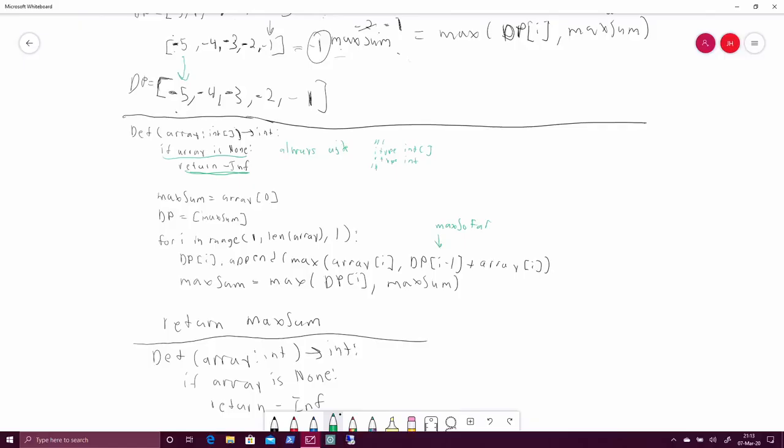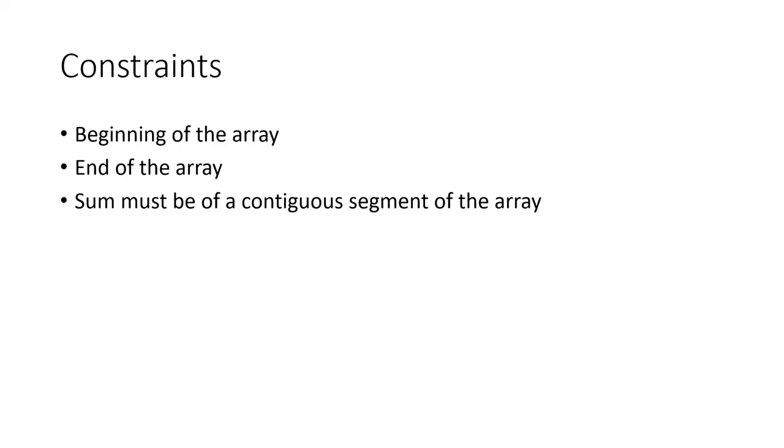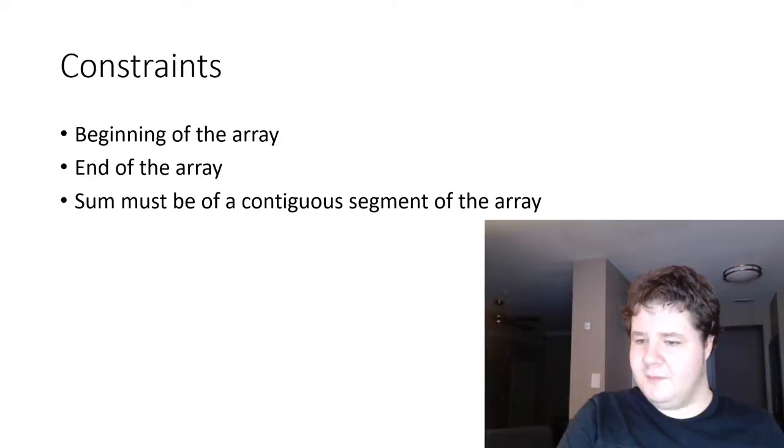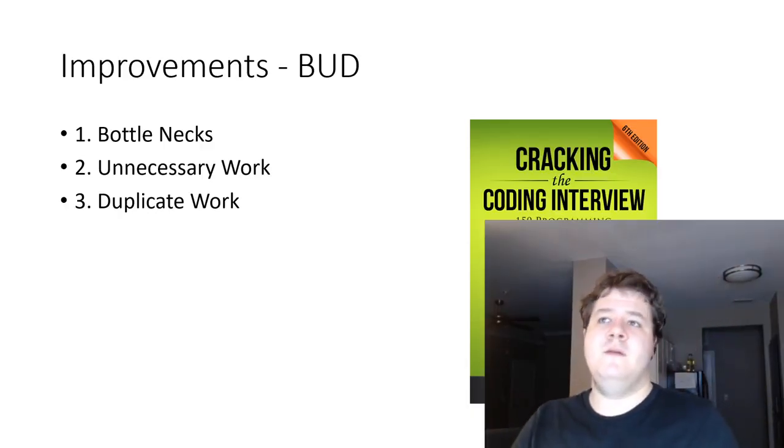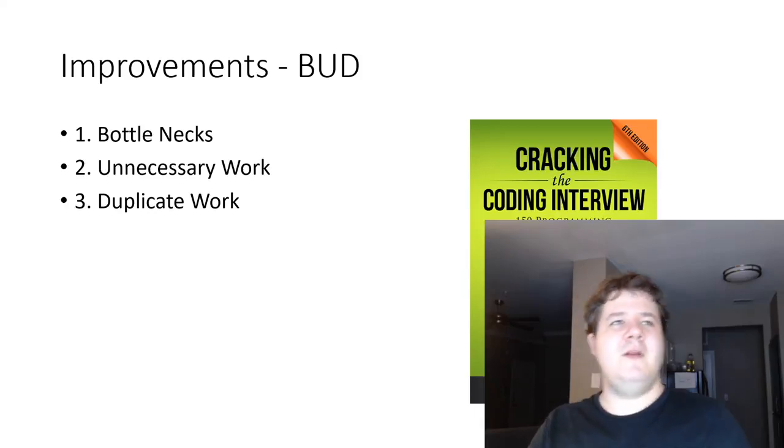I'll show you how we can improve this problem. This is part of the recommended approach in Cracking the Coding Interview by Gayle McDowell, if I pronounce the name right.